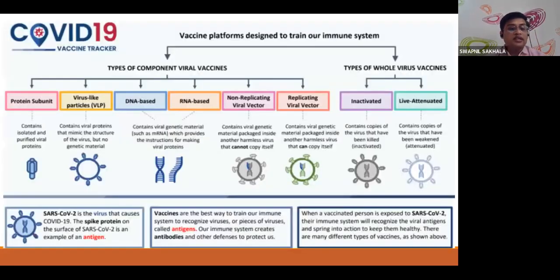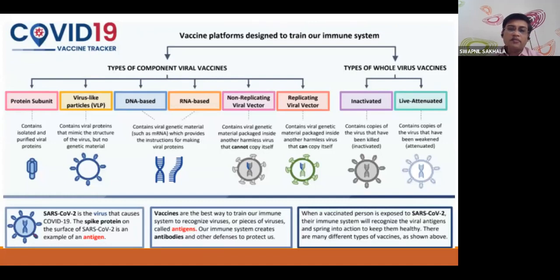In the diagram, in some component vaccines only the protein part of the virus is used. In some, virus-like particles mimic the structure of the virus, but there is no genetic material. Some are DNA, RNA based vaccines, which carry the viral genetic material and provide instructions for making viral proteins, and antibody will act against it.